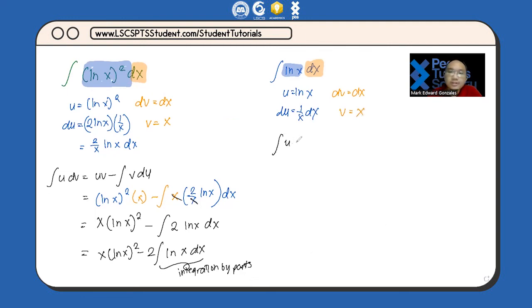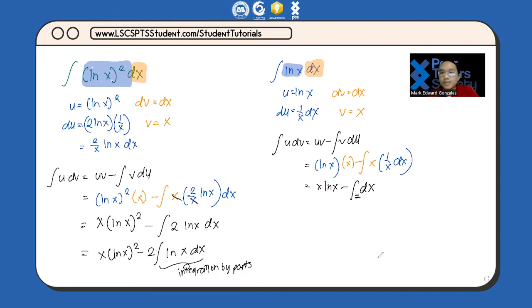Integration by parts, cute tongue twister. u is ln x, color coding. v is x, v is x. du, oops. du is 1 over x dx. x ln x minus x.